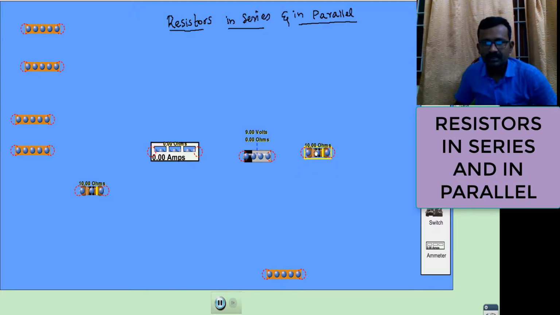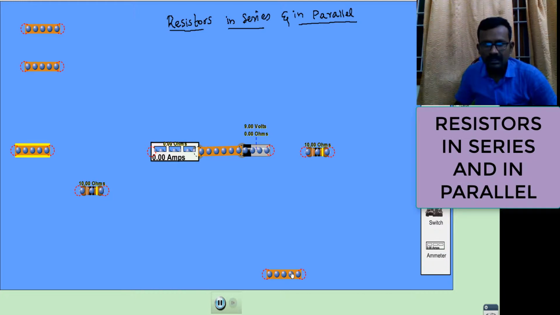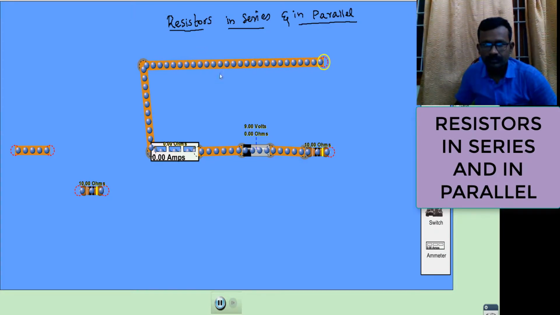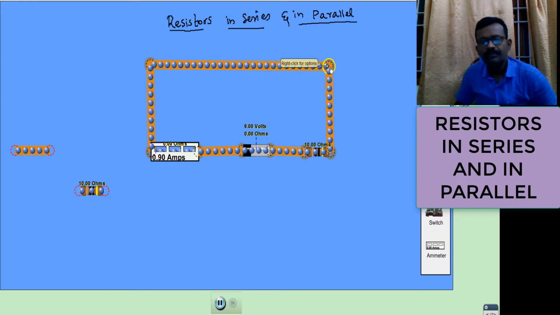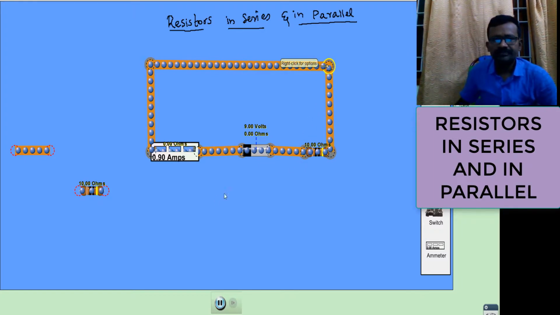Now I keep the resistor here. I connect the ammeter and the battery, then I connect the battery and the resistance. See, the circuit is completed.